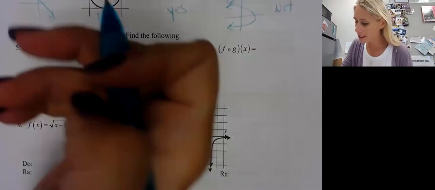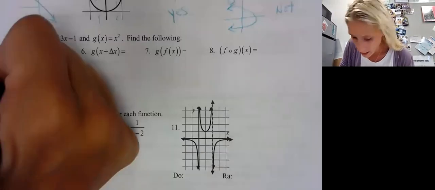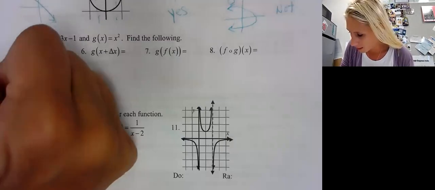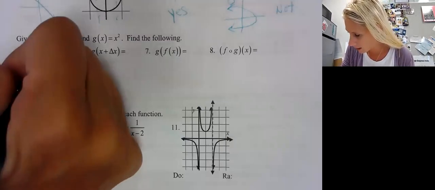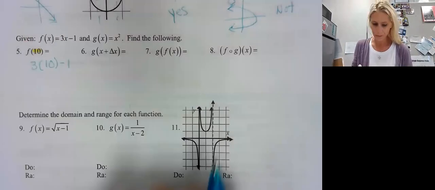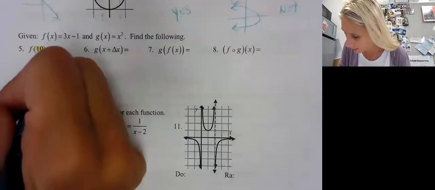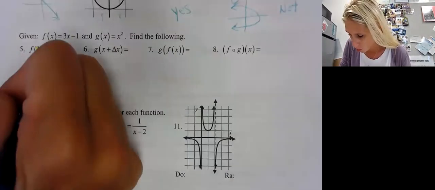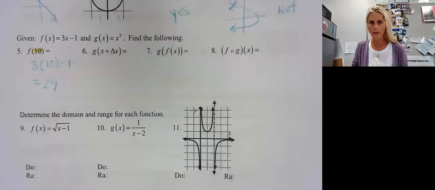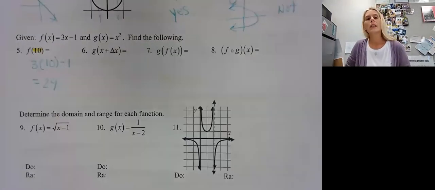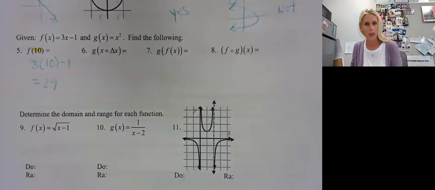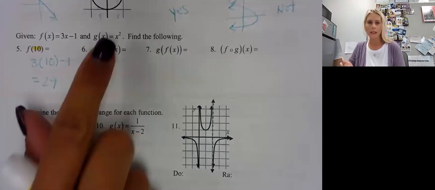So what that looks like is 3 times, now instead of x, we're going to do 10 minus 1. And then that gives us 29.